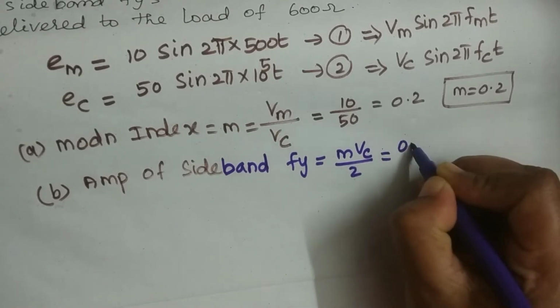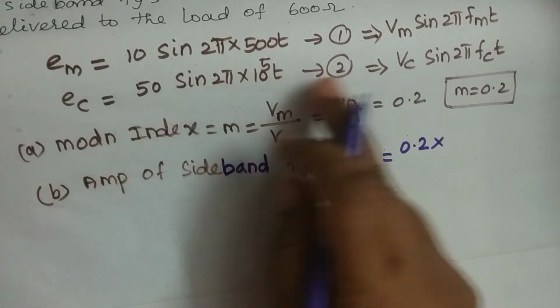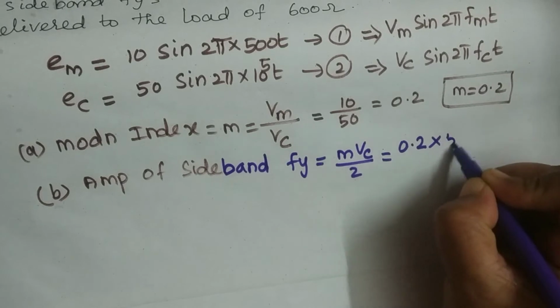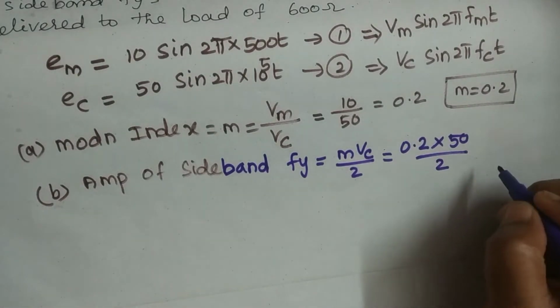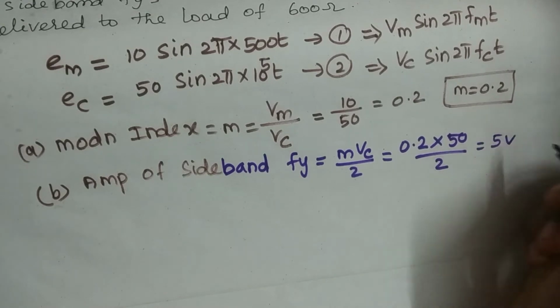That is 0.2 into 50 divided by 2, which is 5 volts.